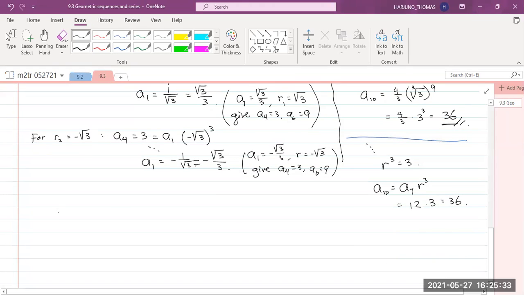Okay. Now, how about the series? I believe I already proved the formula for the geometric series. Let the sequence be geometric.